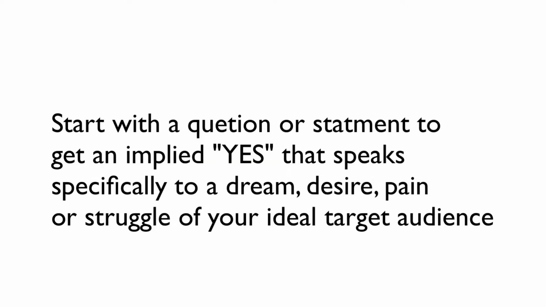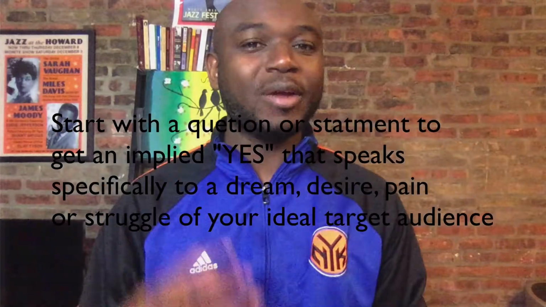The first part of this ad text is you want to start with a question or a statement to get an implied yes that speaks specifically to a dream or desire, pain or struggle of your ideal audience. What is one pain point?